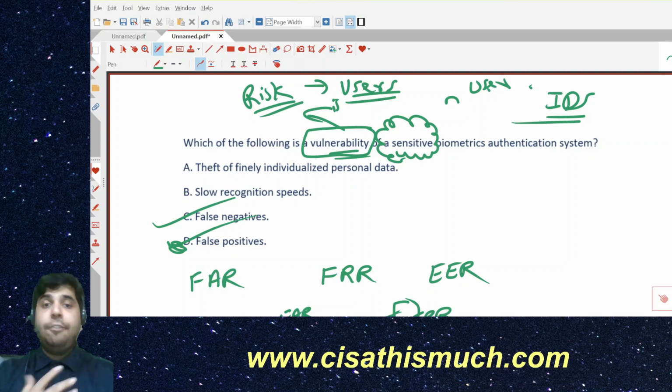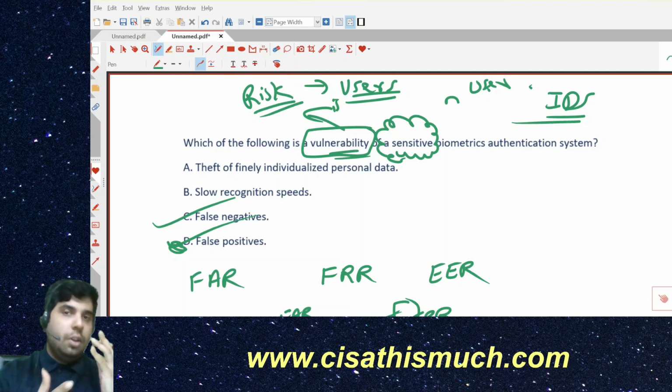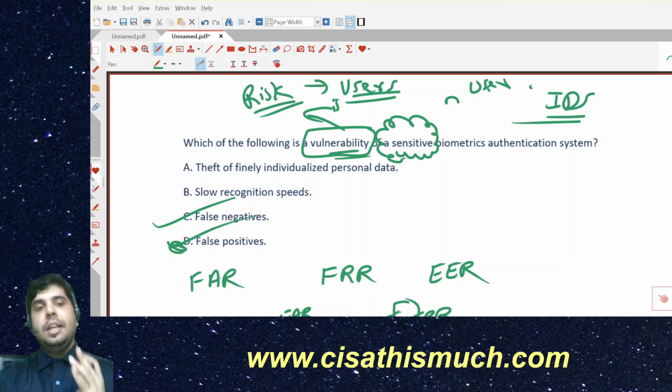I feel this can be a difficult question, not because of understanding the concept, but because whatever we have learned and whatever questions we have solved from the official QA and the review manual discusses the basic things. They don't talk about these things.